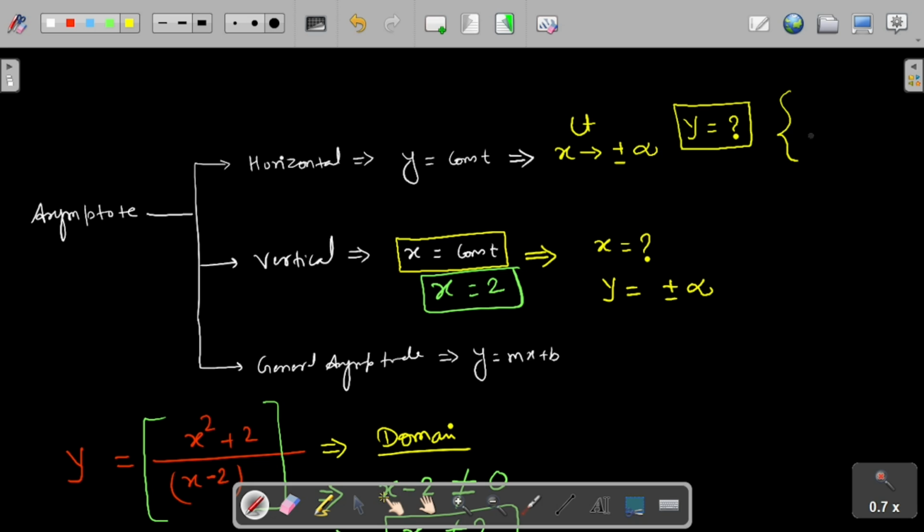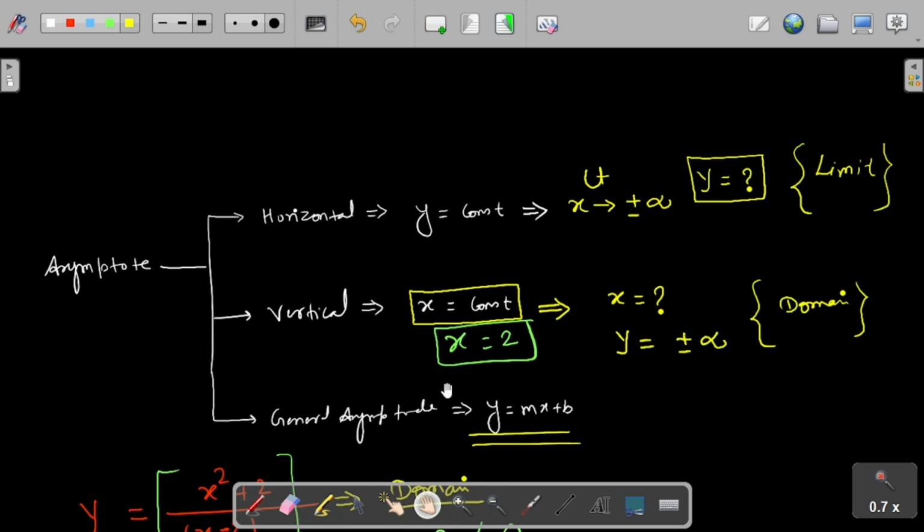This part is related to the chapter on limit and continuity in calculus. If you know the limit, you can solve it without a calculator also. If you know the domain of a function, you can find this without a calculator also. And this is a general asymptote question. So we will try to discuss all these with the help of some questions.